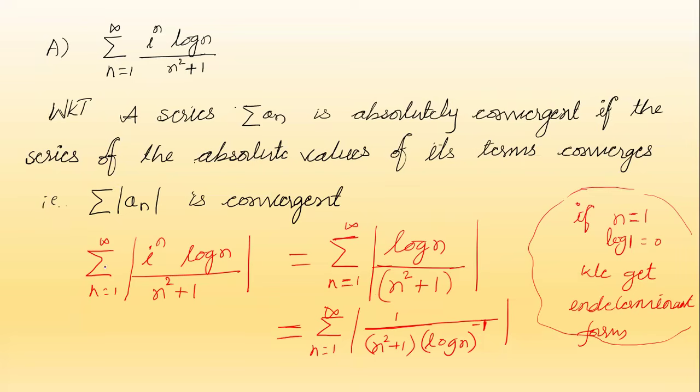Here, option A is summation n equals 1 to infinity, I have taken modulus of i raised to n, log n divided by n square plus 1. Modulus of i raised to n is equal to 1.